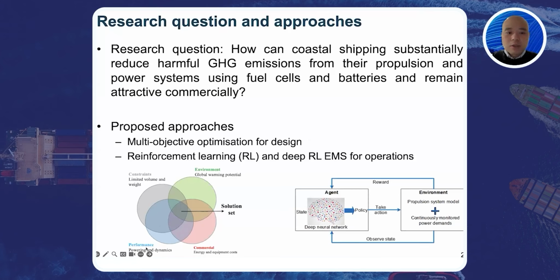We have to meet the power requirement, commercial costs, and life cycle global warming effects, and also the volume and gravimetric limitations from the vessel. By the end, we are only looking at a small set coming from the overlap of all these constraints and objectives.